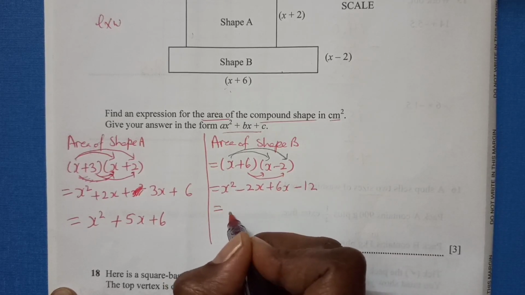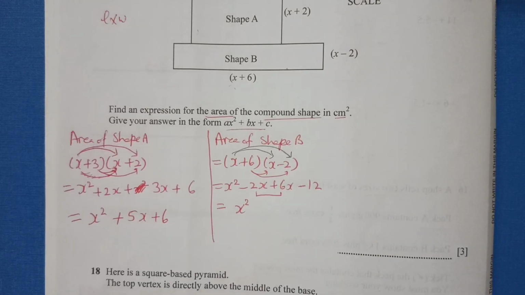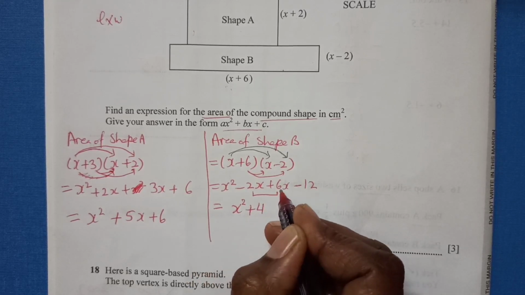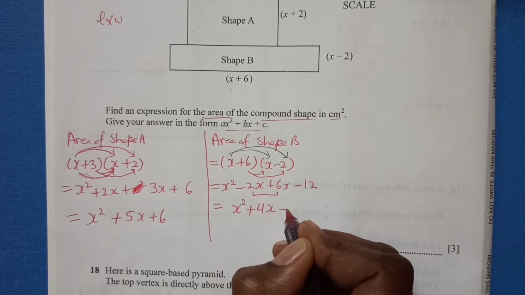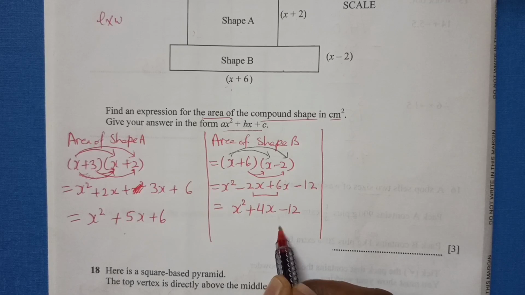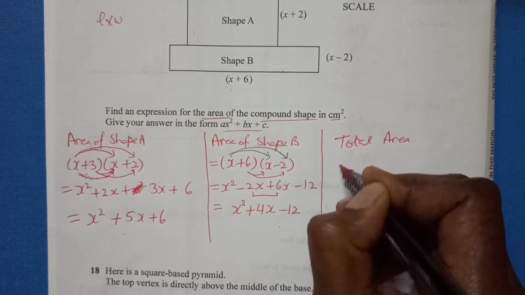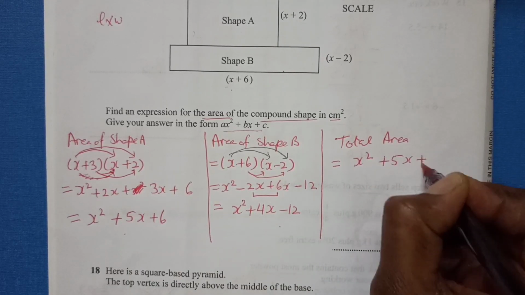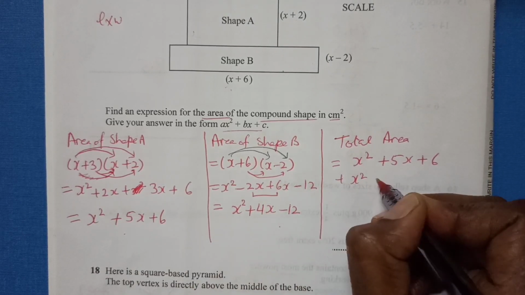So it is x squared. Now when you combine these two, it is negative 2x plus 6x. 6 is greater, so we subtract and take the sign of the greater number: plus 4x minus 12. So we have the area of shape A and shape B. Now the total area of the compound shape: we are going to add x squared plus 5x plus 6, and we are adding in this area.